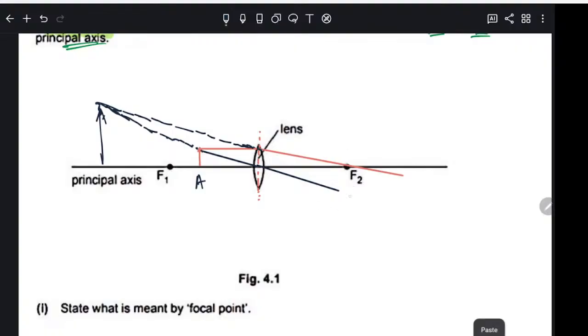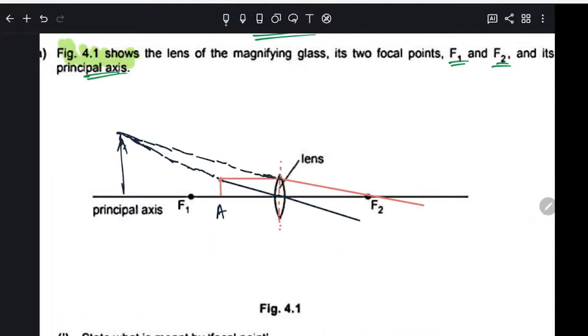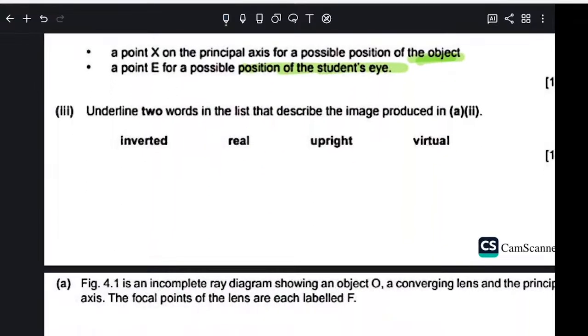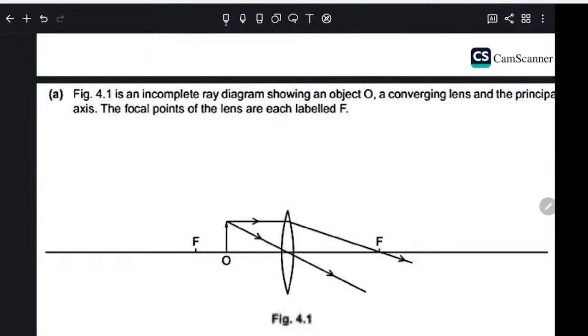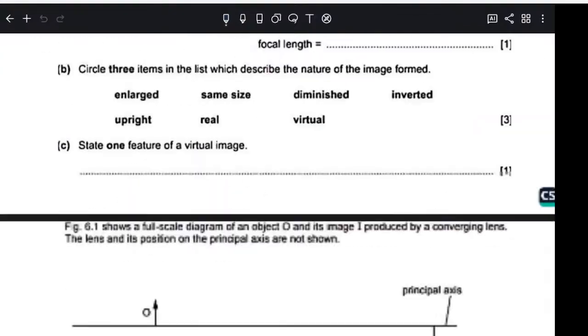Okay. Are we together? Good. That's the magnifying glass. Upright, virtual. There we go. Now you can do these other ones, right? Draw the ray diagrams. I'll give them to you.